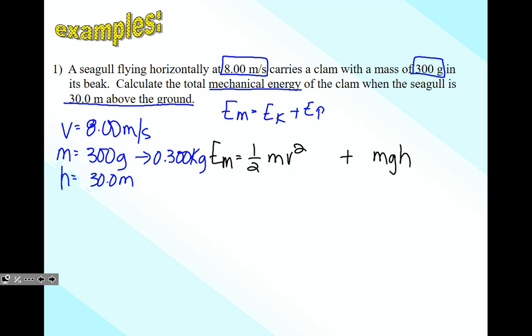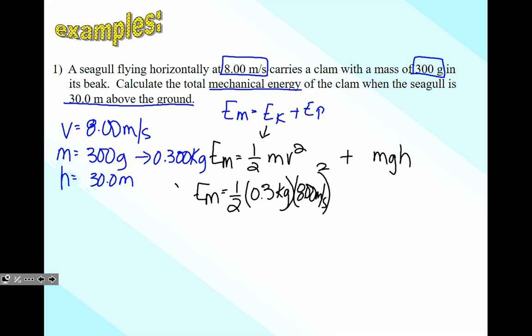Right, kiddos? So let's go ahead and do some work. So for our kinetic energy part, EM is equal to 1/2, and in there I'm going to write 0.3 kilograms, multiplied by 8.00 meters per second, and that has to be squared.